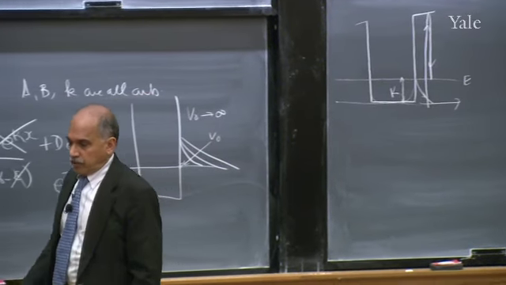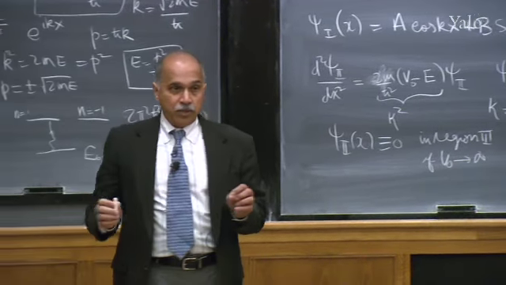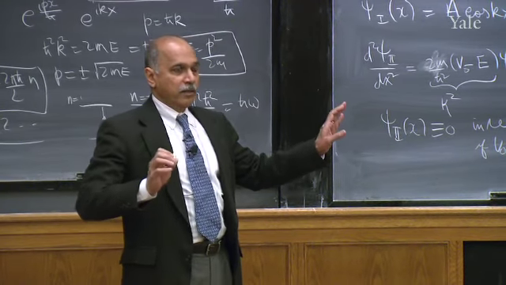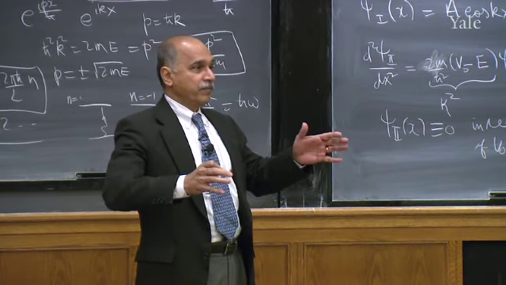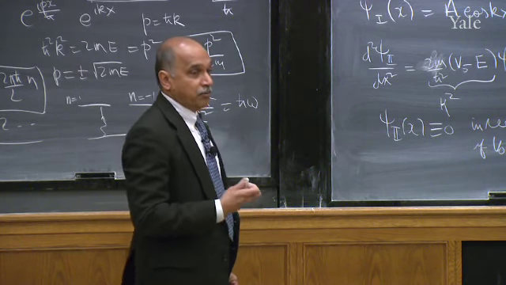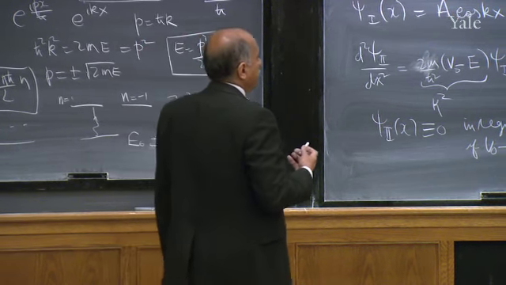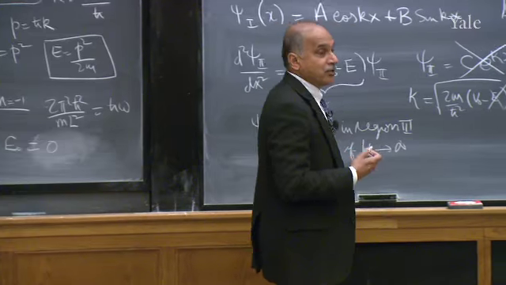So a classical particle will turn around at the classical turning points. A quantum particle will go slightly outside, into the forbidden region, in both directions of the well. That is a purely quantum phenomenon. It is forbidden, meaning it's discouraged from going there, but it's not absolutely forbidden.